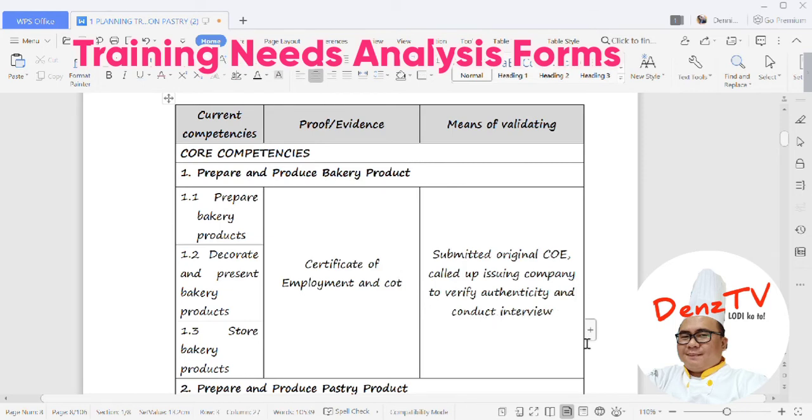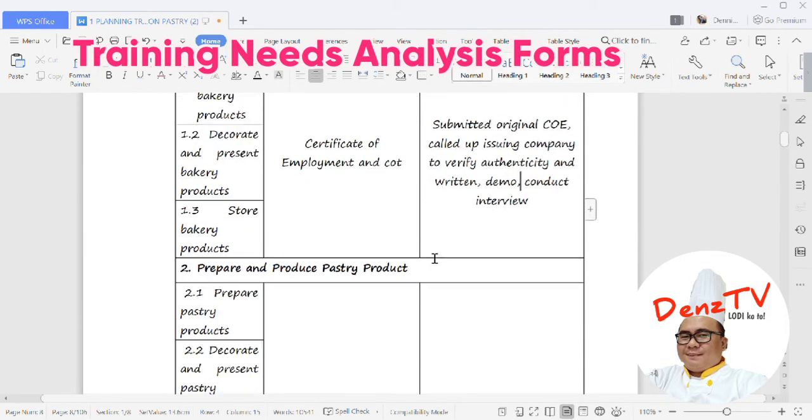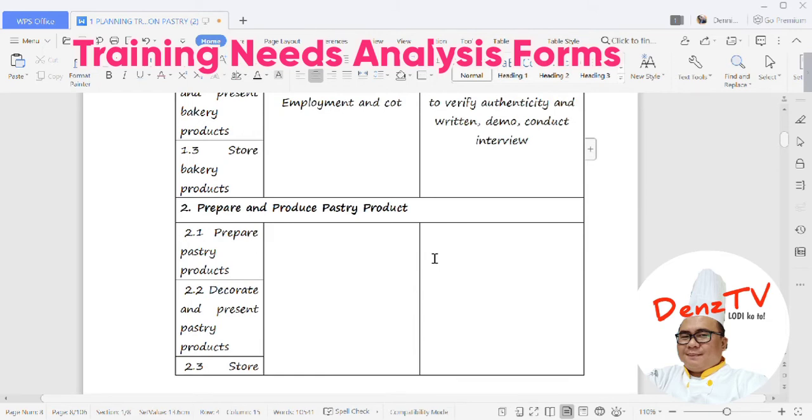All you have to do is have a written examination, demonstration, and interview. And be sure the student will pass the assessment for him or her to be able to receive a certificate of achievement. Right, clear?